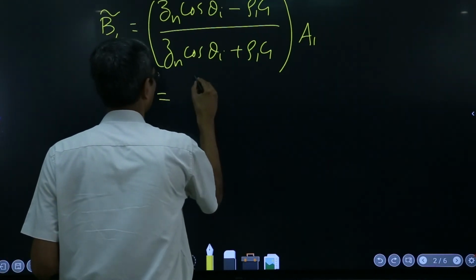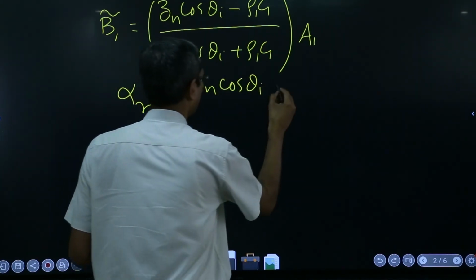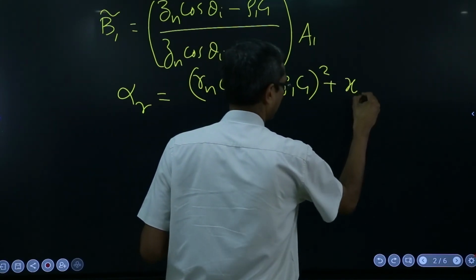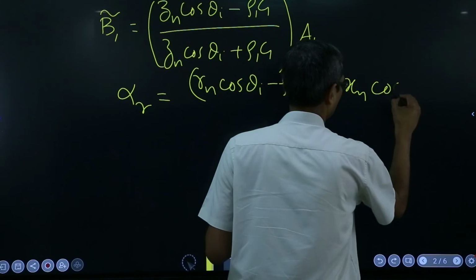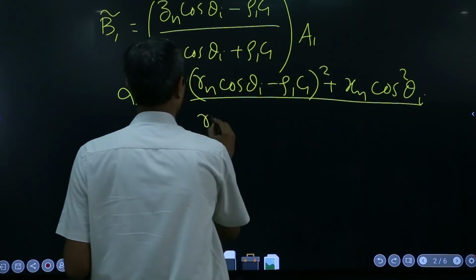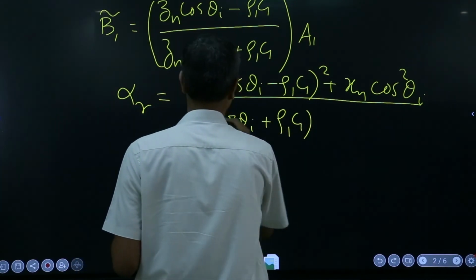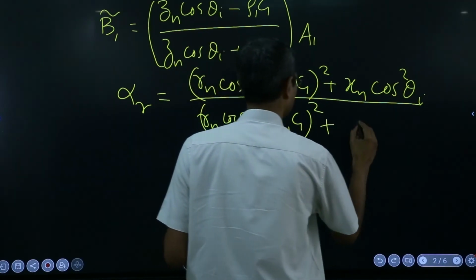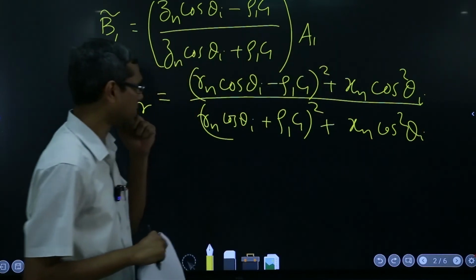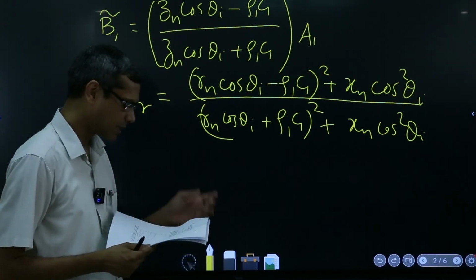For completeness, I am writing it: (Rn cos theta I minus rho 1 C1) squared plus Xn squared cosine squared theta I, divided by (Rn cosine theta I plus rho 1 C1) squared plus Xn squared cosine squared theta I. This is the power reflection coefficient which you will get.